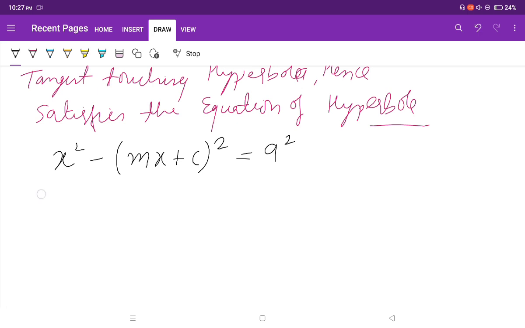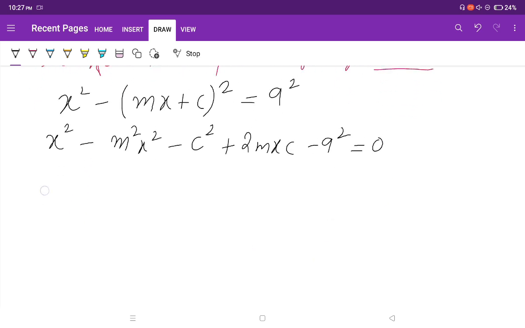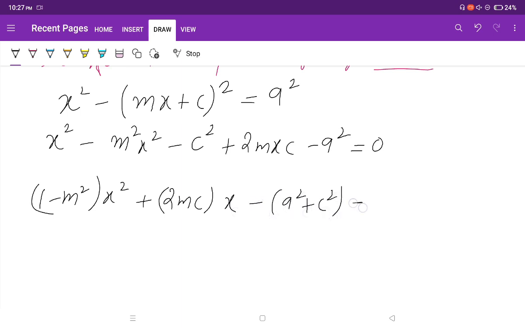Now let's simplify. So we have x square minus m square x square minus c square minus 2mxc minus a square equals 0. Right, so we have 1 minus m square times x square minus 2mc times x minus a square plus c square equals 0.